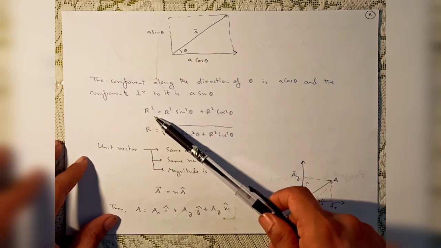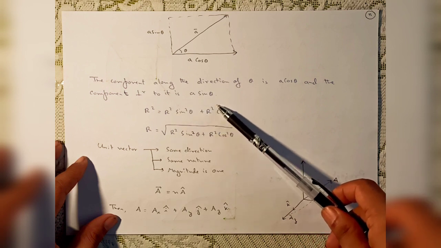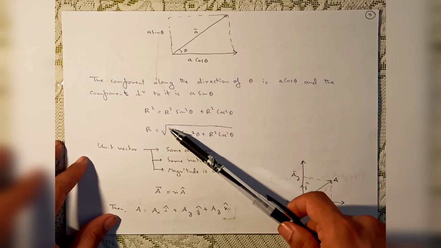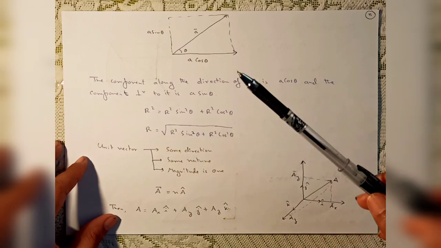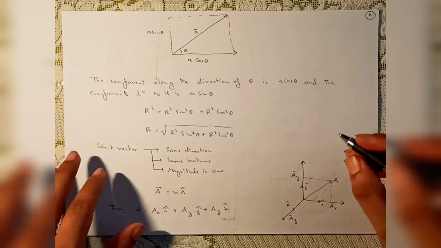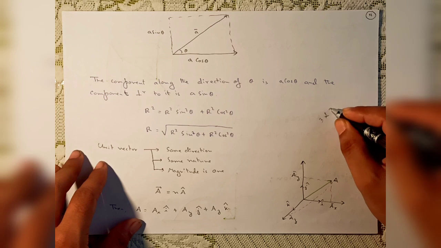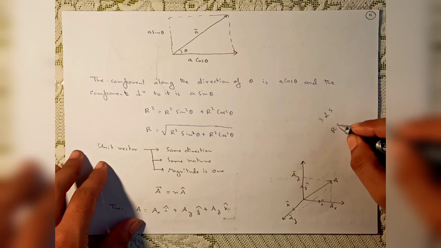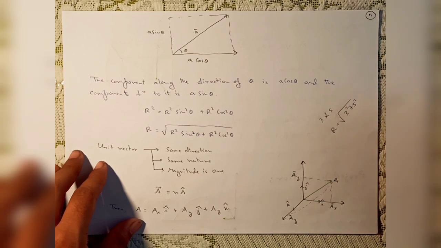Therefore the resultant is written as R square is equal to R square sin square theta plus R square cos square theta. Okay, R is equal to root over R square sin square theta plus R square cos square theta. Suppose we have two components, 3 and 5, then the resultant can be written as root over 3 square plus 5 square.